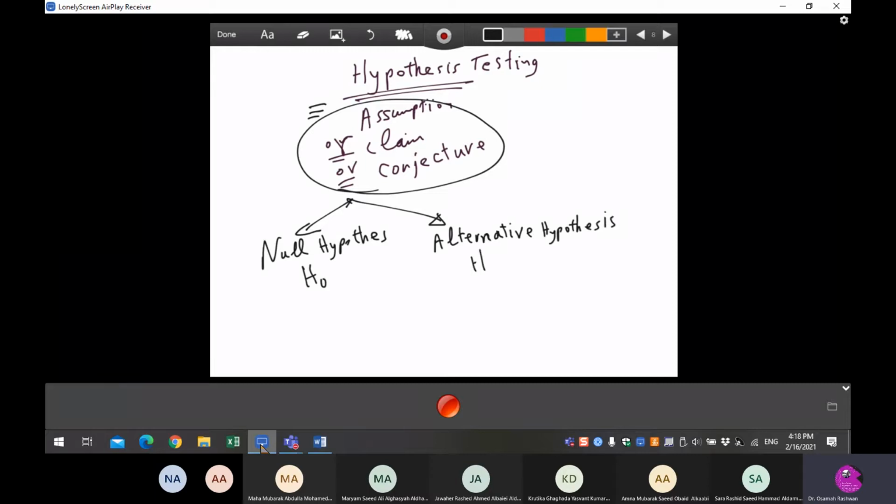You call it HA, right? Fine. Now, how to test this one? How many steps do you have?